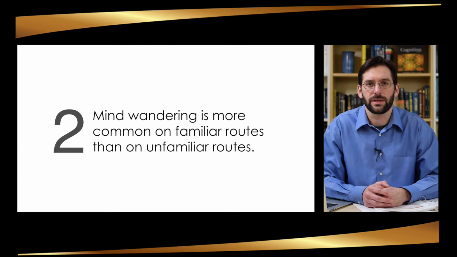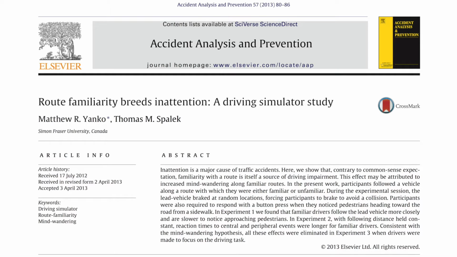Research has also shown that while operating a vehicle, mind wandering is more common when the operator is on a familiar route than when he or she is on an unfamiliar route. This was noted in a recent study conducted by Matthew Yanko and Thomas Spalek. In their abstract, they write, "Inattention is a major cause of traffic accidents.